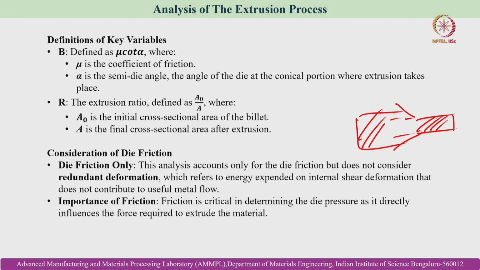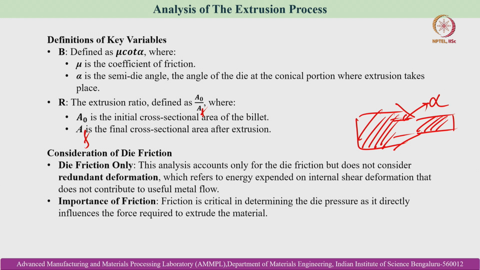This is the workpiece billet, and this is the alpha angle, semi die angle or angle of attack, which can be called by various names. R is the extrusion ratio, defined as initial area by final area, A0 by Af, where A0 is the initial cross sectional area of the workpiece and Af is the final cross sectional area after extrusion or wire drawing.